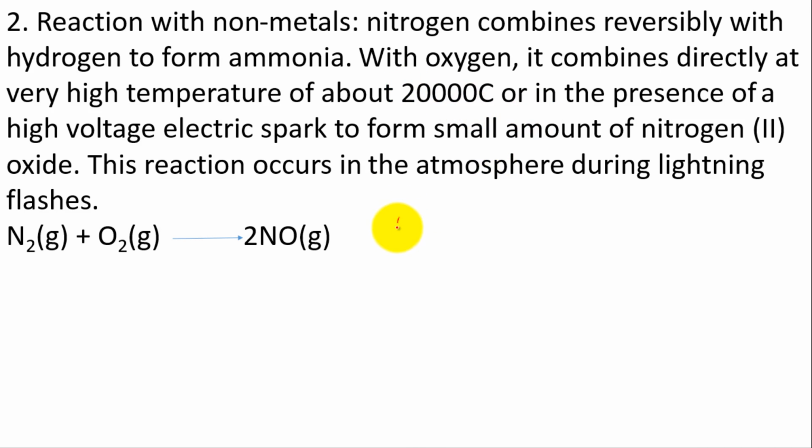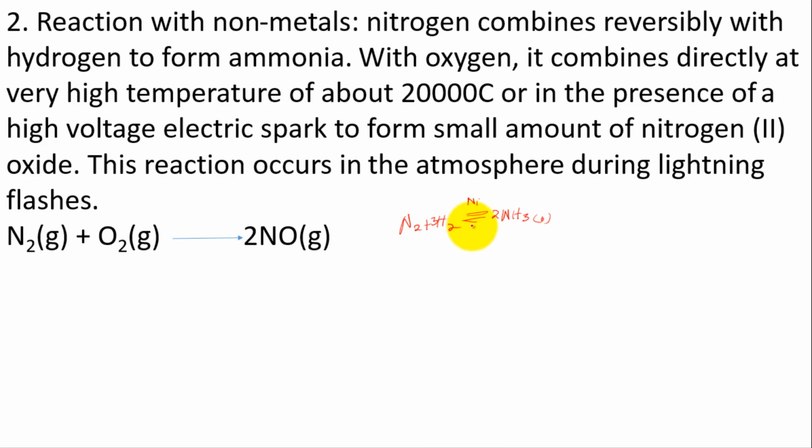That is when you have nitrogen gas combined with hydrogen gas in reversible order to form NH3 gas. Then you put two here, then you put two here. This is called the Haber process.